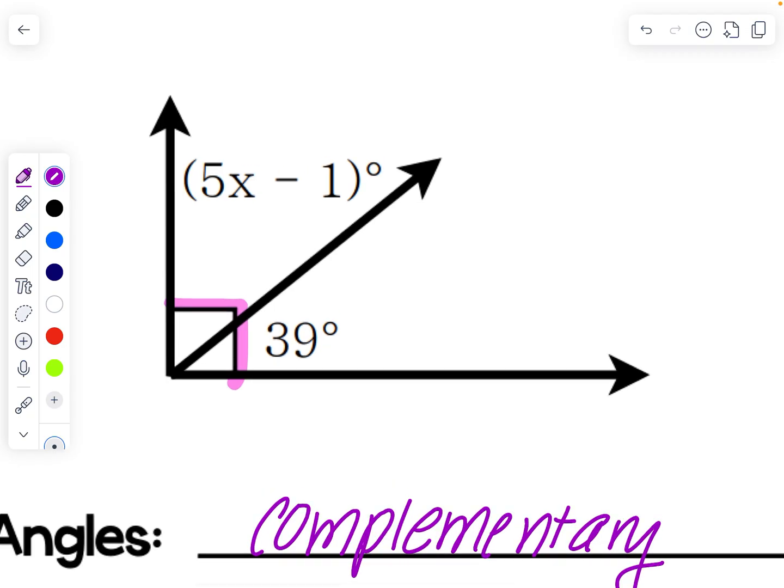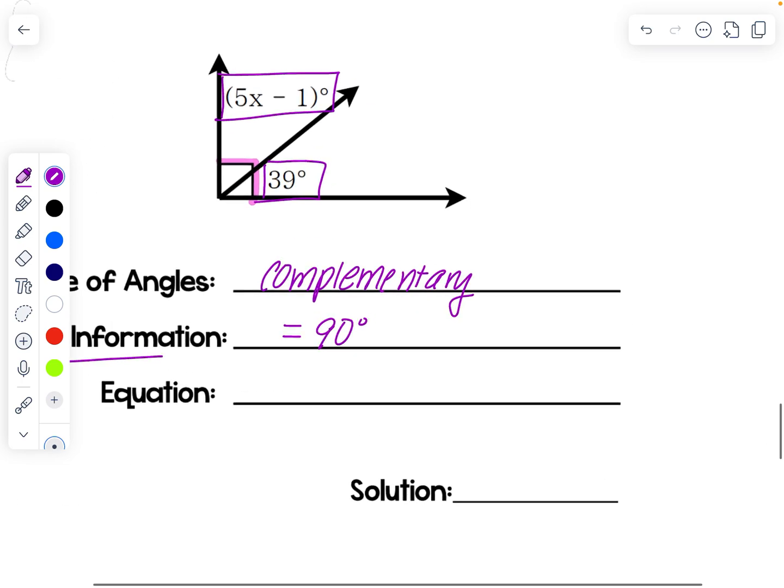Sum meaning add. So if we have this angle and this angle, when we add them together, it will look like 5x minus 1 is the first one, plus 39 must equal 90.